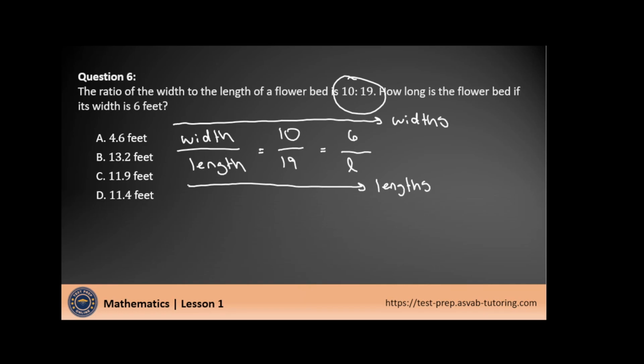Whenever we have a fraction equaling a fraction, like we do here, we're going to do cross multiplication. So I'm going to multiply across. 10 times L is 10L. And then I have 6 times 19. Let's do 6 times 19. 9 times 6, 54. 1 times 6 is 6, plus 5 is 11, so 114.